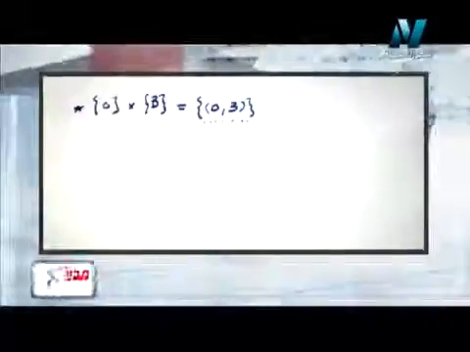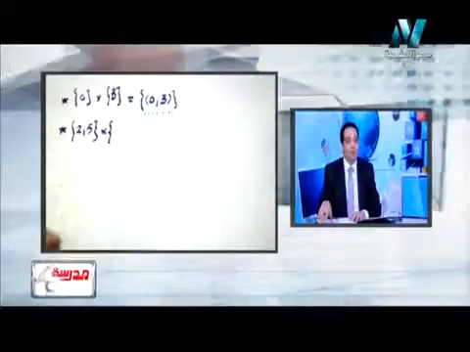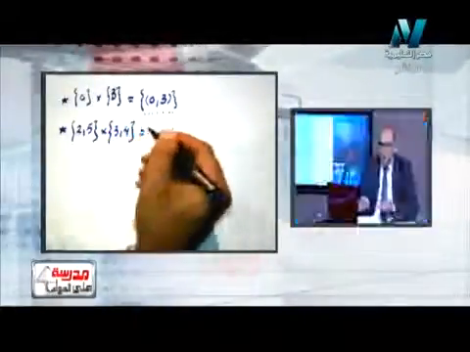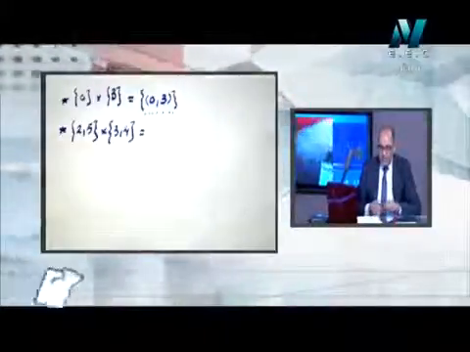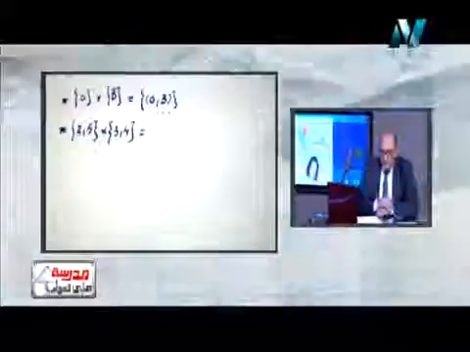Let us have another one. This one is a bit more complicated. It says the set of 2 and 5, product set of 3 and 4. Very simple. We have two sets: the first one with elements 2 and 5, the second one with elements 3 and 4.